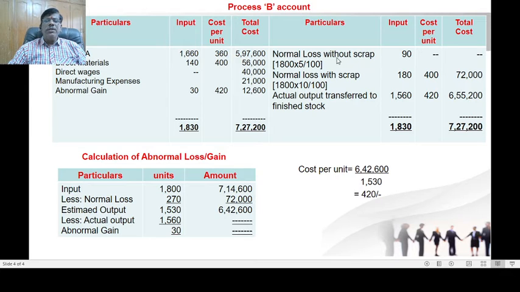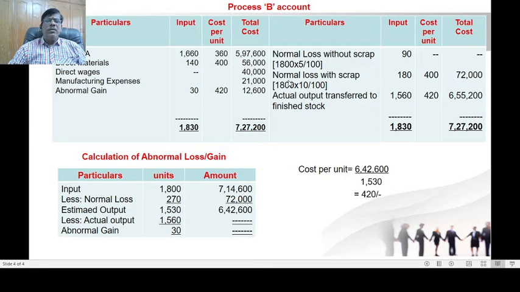Then normal loss, that is weight loss without scrap. The actual input is 1,660 plus 140, you will get 1,800 units. Then weight loss is 5%, that is you will get 90 units. Then without any value is received.